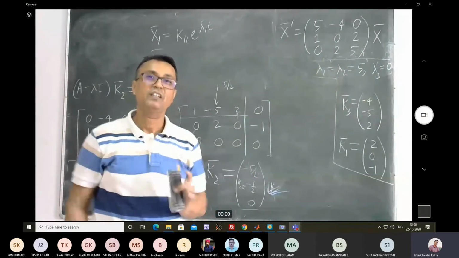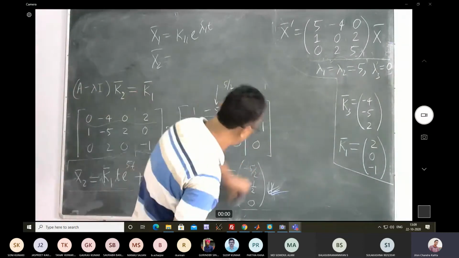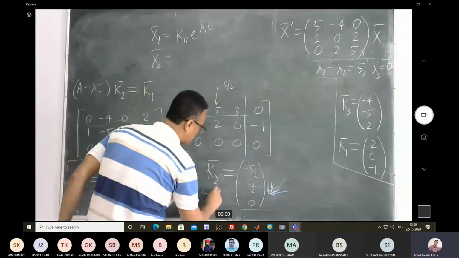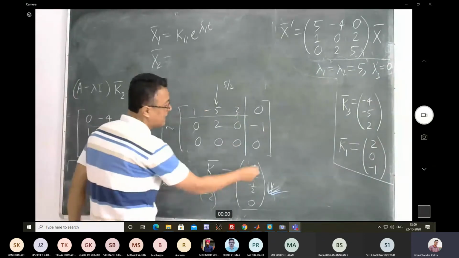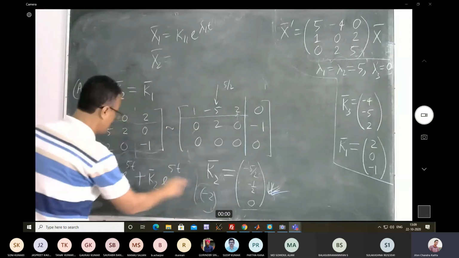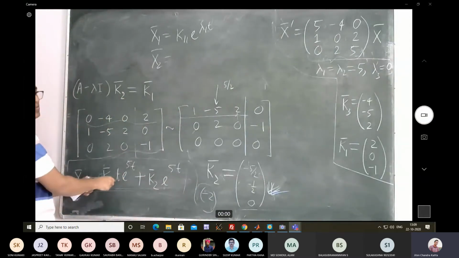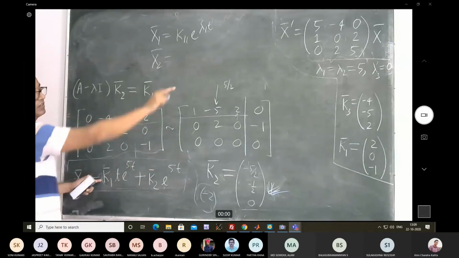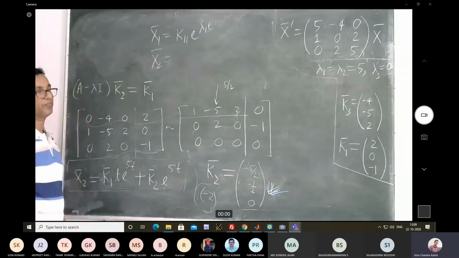Okay. Now see, let me tell you. This is fine. If I multiply it by minus 2, it is fine with me, right? I can write it as 5, 1, 0. But in that case, you have to multiply K1 also with minus 2. Only with that adjustment, it is going to work.